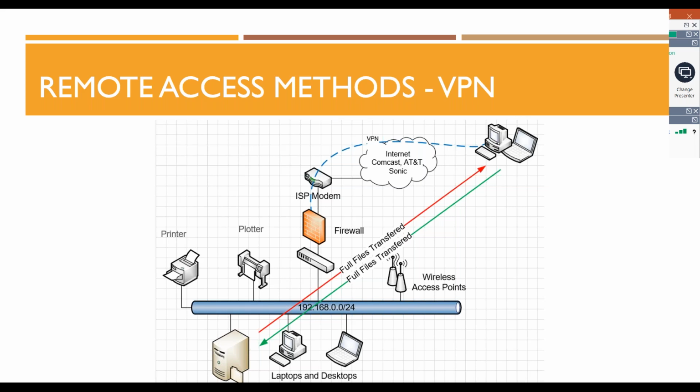So what happens with VPN is you're basically like you would on your office network, you're transferring full files back and forth. So if you need to open a large Revit model or a model that has many links, it'll take longer because it'll take time to transfer that model to your computer first, and then it'll take time to set up all of those links and get that data transferred to your computer as well.